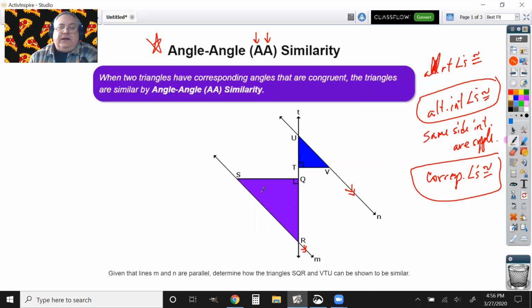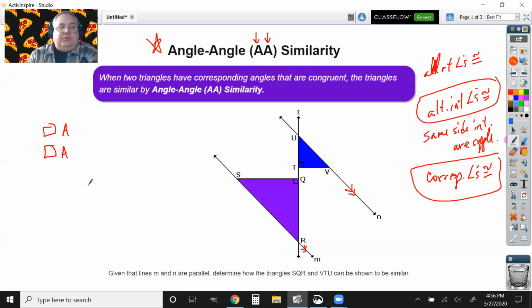So to prove that triangle SQR and triangle VTU are similar, all I need to do is find two angles. So I'm going to put a little checkbox here, a checkbox for one angle, a checkbox for another one. And when I've checked both of those boxes, then I can state by angle-angle similarity that these triangles are similar.